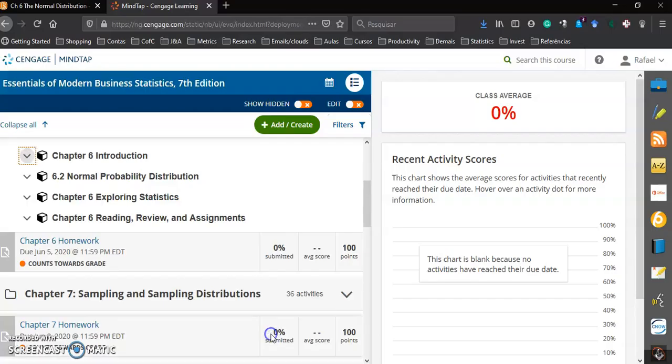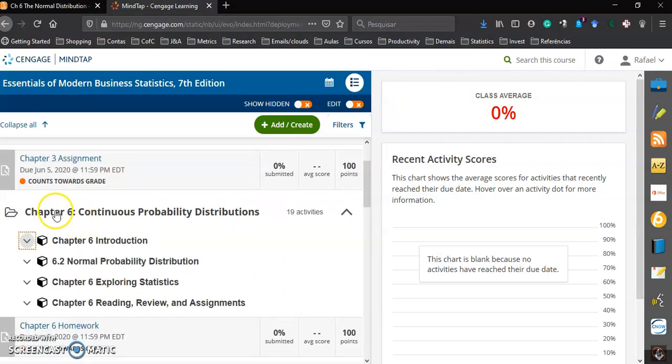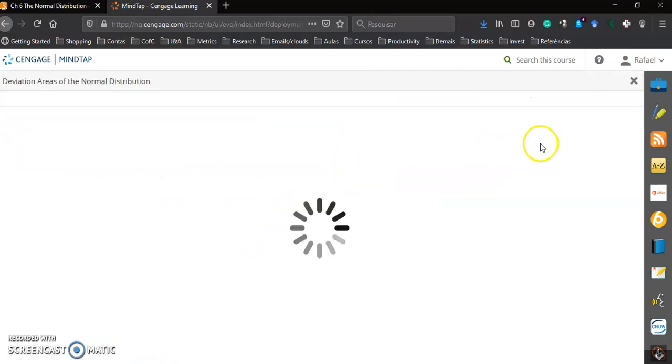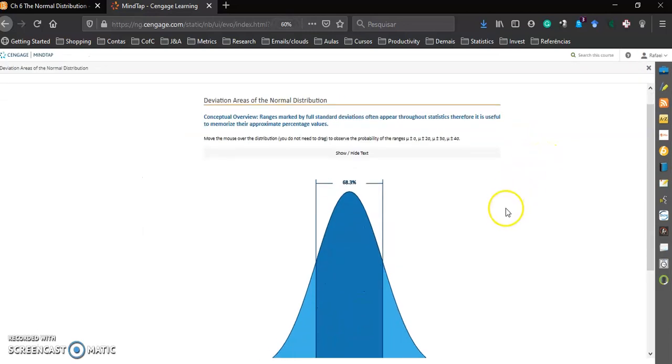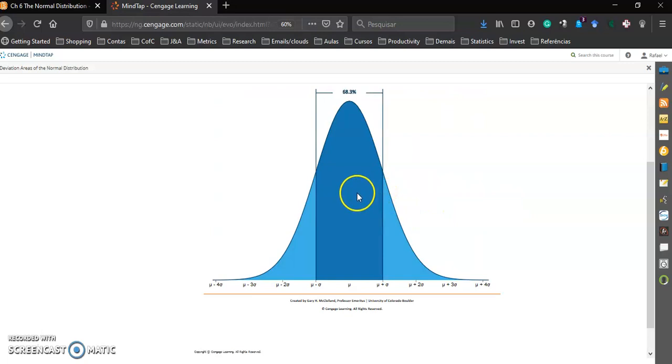Let's take a look at one interesting applet here from chapter 6, under chapter 6 exploring statistics. Let's take a look at this one, deviations under the normal distribution. I think that I showed you this before. So these are areas. For the mean plus and minus one standard deviation around the mean, we have 68% of the entire figure.